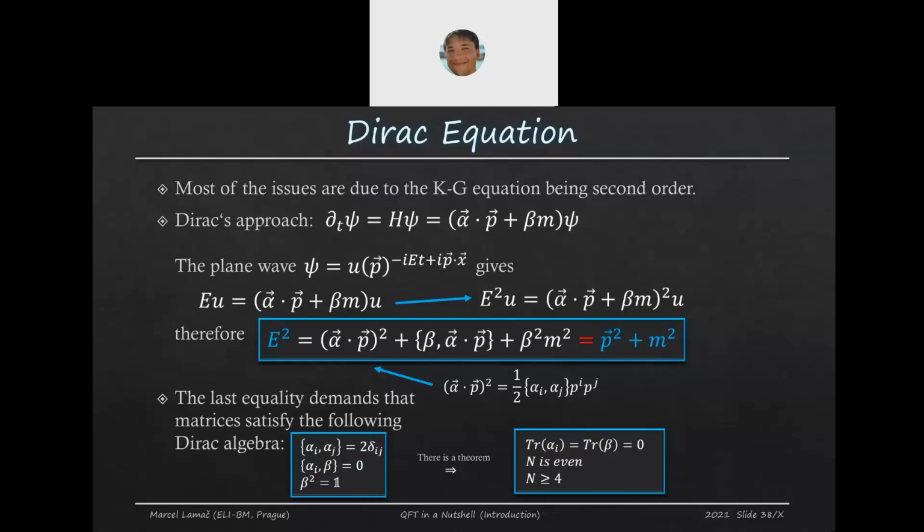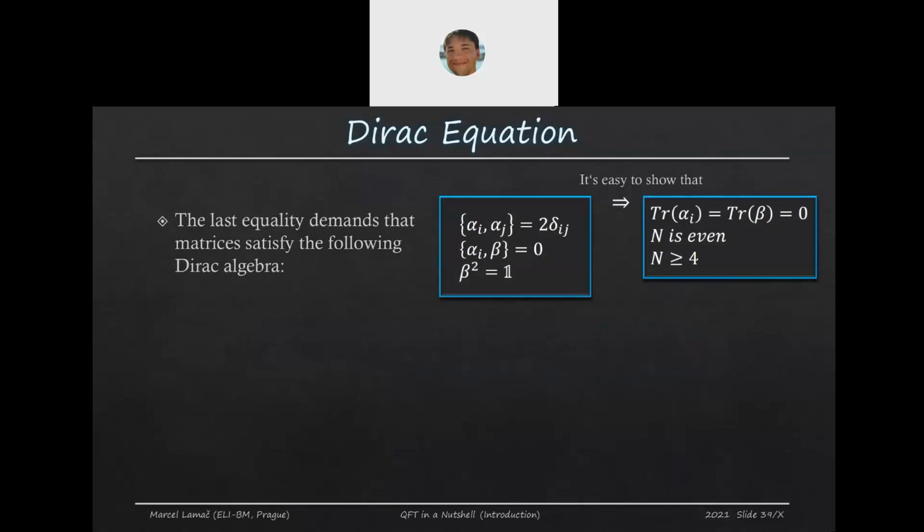Obviously, they must be Hermitian because our Hamiltonian is Hermitian, right? So that is the case. That is why I'm talking about Hermitian matrices all of a sudden. And since there are only 3 Pauli matrices and we have 4 matrices, it must be the case that the dimension is greater than or equal to 4, right? Okay. So yeah, that's the business.